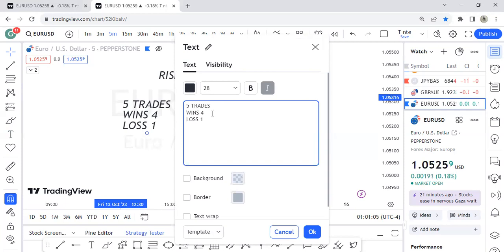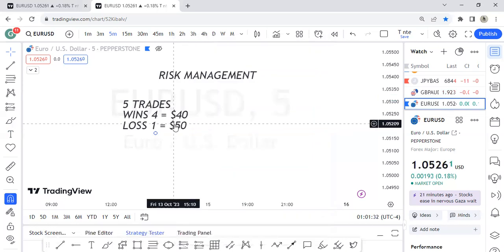Let's say he won $10 per trade, so he won $40 on his 4 trades. Then on the one loss, because he did not understand his management, the loss was $50. Maybe he thought that because he has been on a win streak, he should increase his risk or over-leverage. And that one loss is now wiping out everything that he has won.